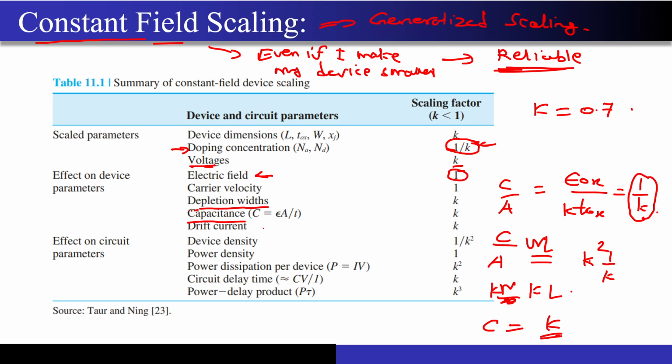Correct? So all other stuff, only a few I will highlight over here. If you look at the power dissipation, it actually reduces by the factor k square. So if my k was 0.7, the k square value will be very close to 0.49. So what does this mean? 50% reduction in the power.